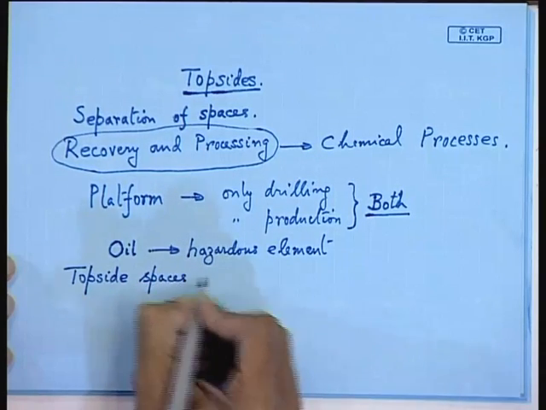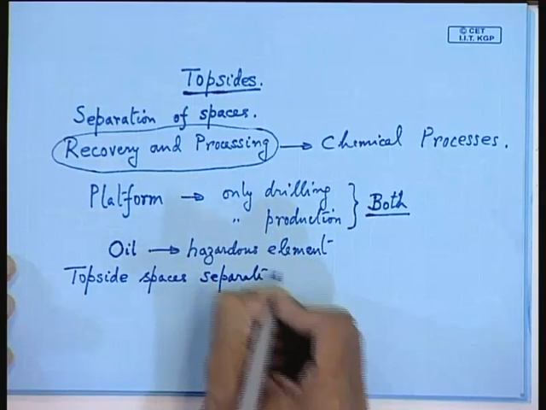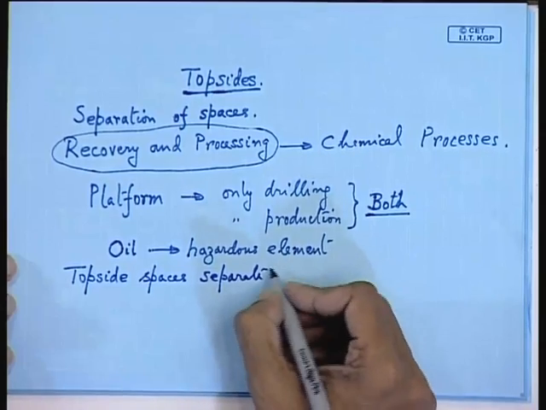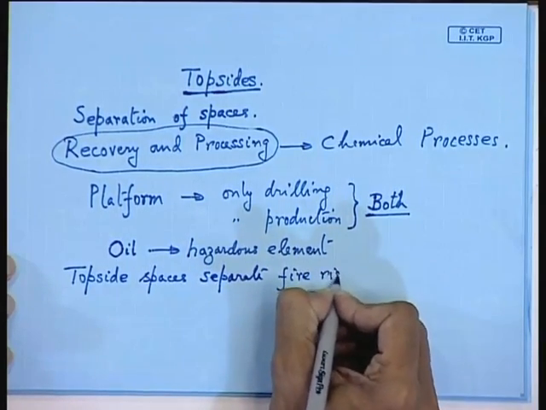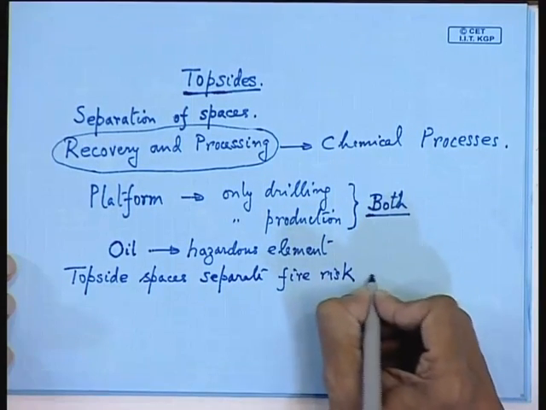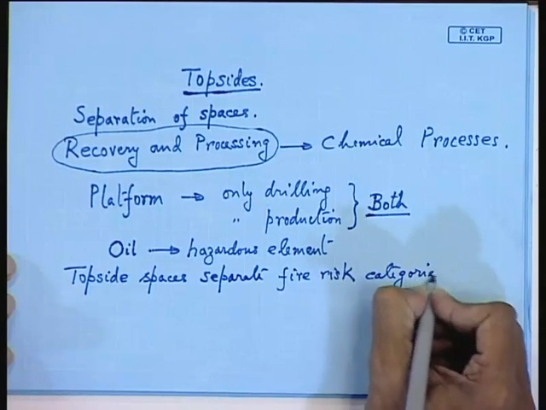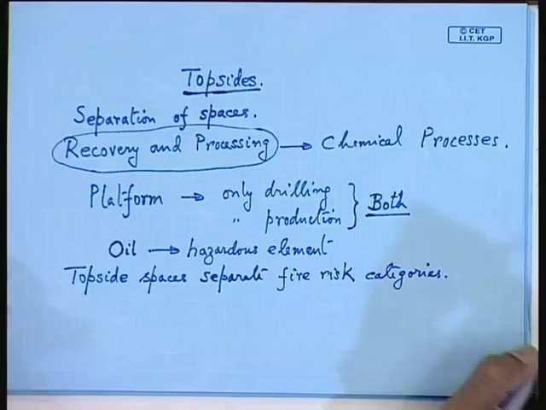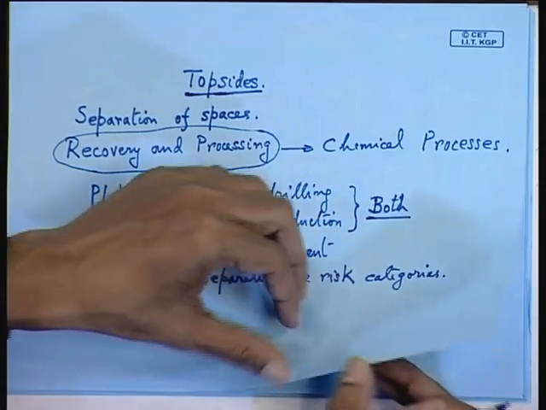First thing that you decide is separate fire risk categories of spaces. So, I will tell you what are these risks. So, you have to separate all these spaces because there are personnel on board and it should not catch fire.